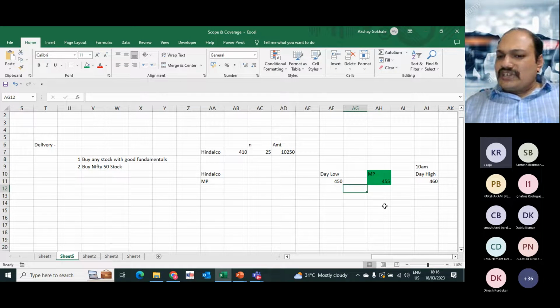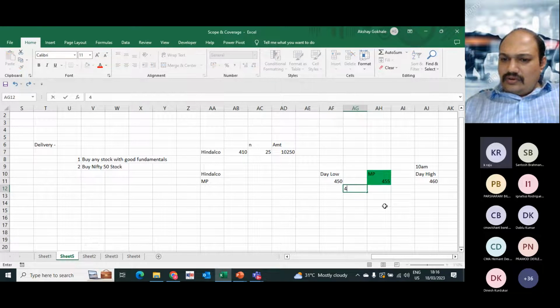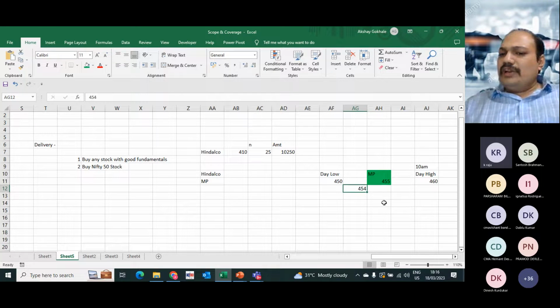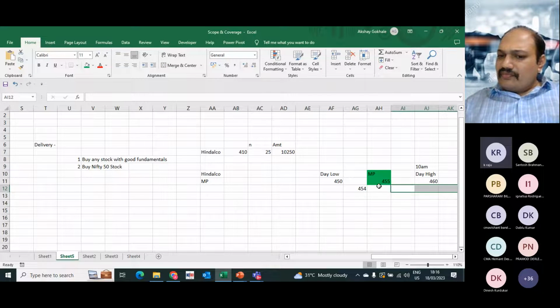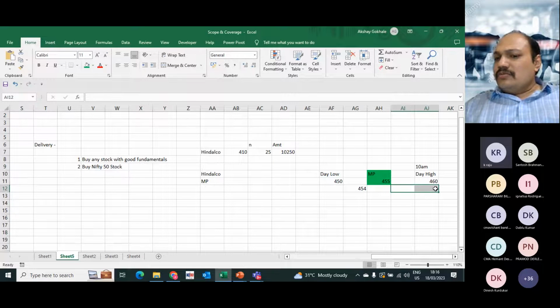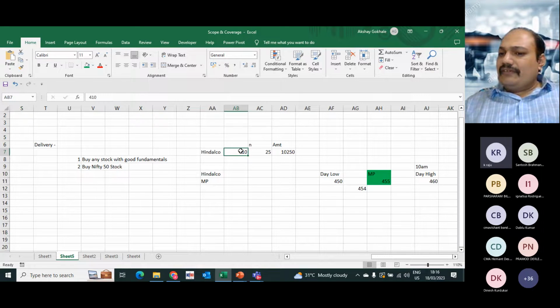What you have to do is short it below the midpoint. Now there are two chances: either it will go down or it will go up. If it goes down, book profit in intraday. If it goes up, do nothing in delivery, book loss in intraday, and at that higher price, sell your delivery.